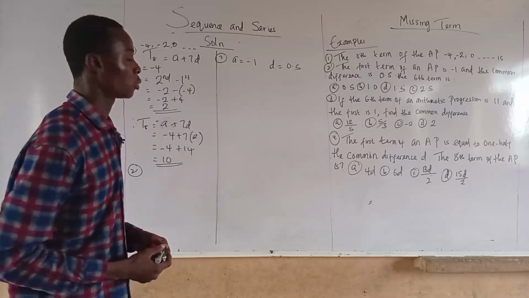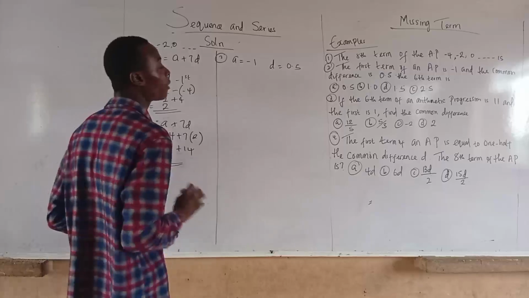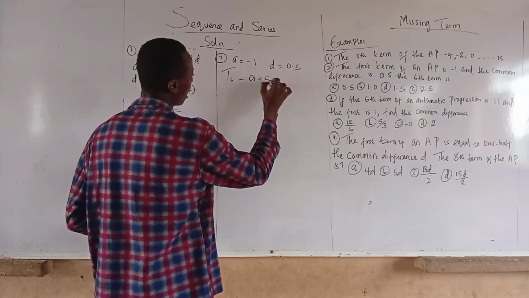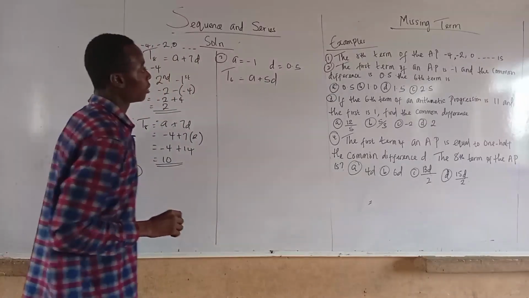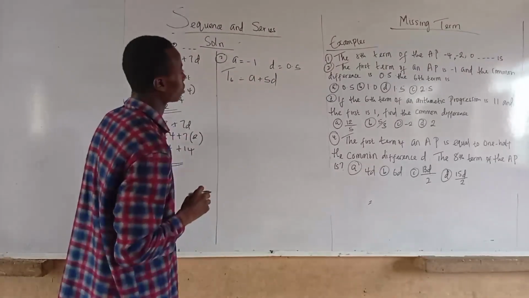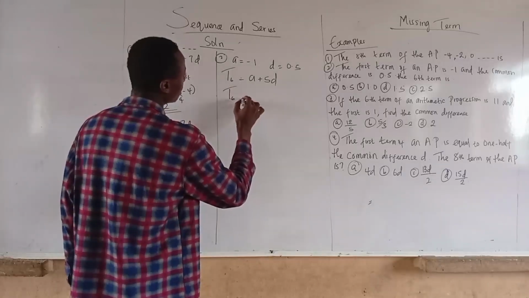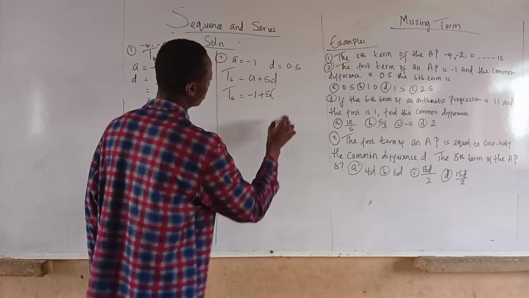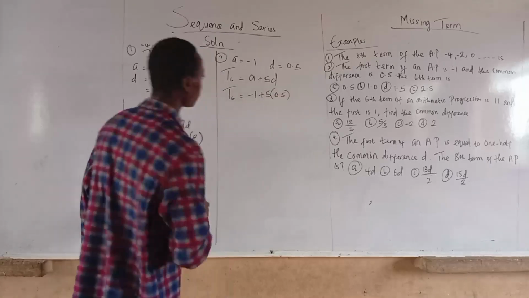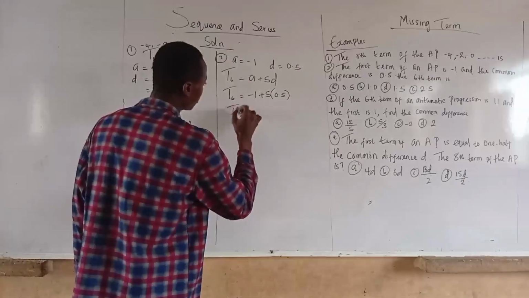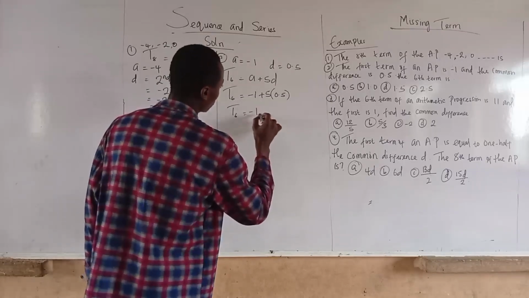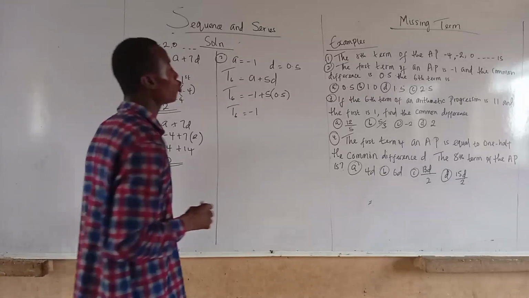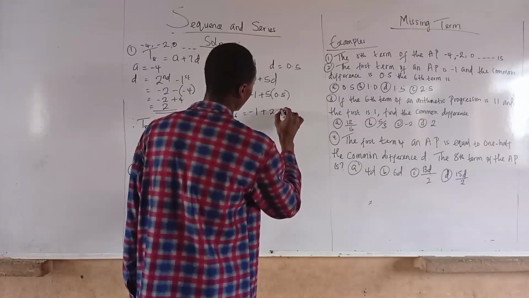We are told to find the sixth term. The formula for finding the sixth term is T6 equals A plus 5D, right? We know that our A is minus 1, so T6 is equal to minus 1 plus 5 times D, and D is 0.5. 5 times 0.5 gives us 2.5.